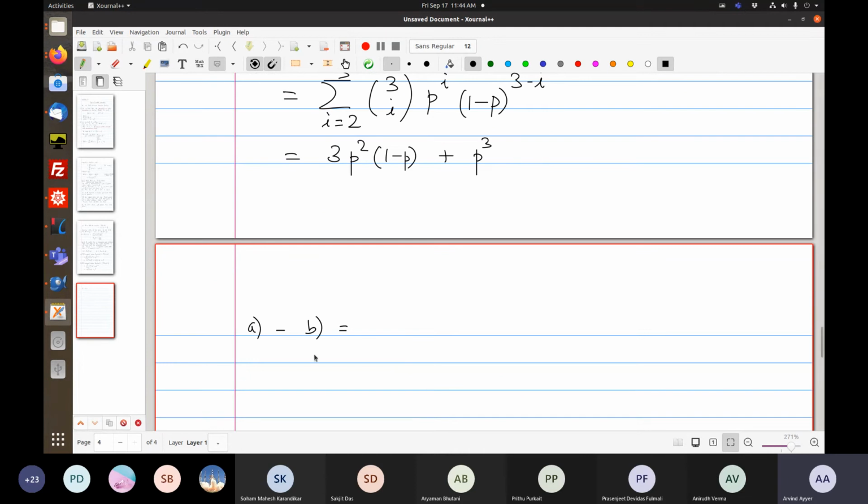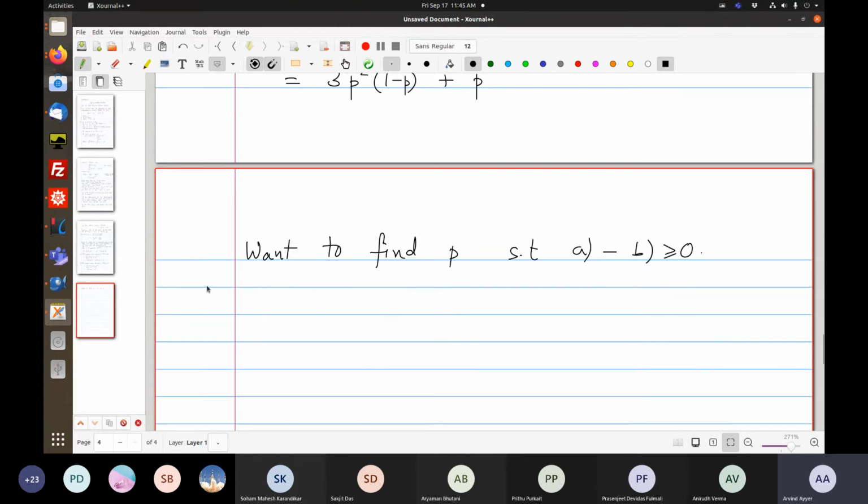So we want to find p such that a minus b is greater than or equal to 0, or greater than 0, whatever. So a minus b now is equal to what?